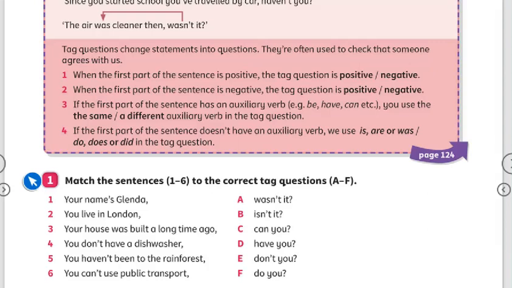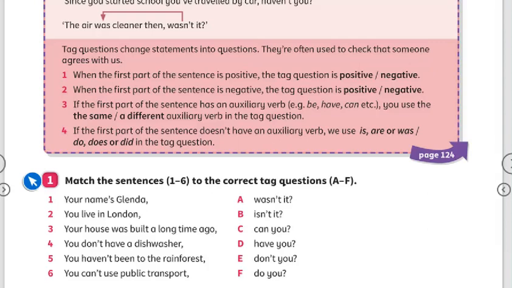The answer is do you? Letter F. Number 5. You haven't been to the rainforest. The answer is have you? Letter D.